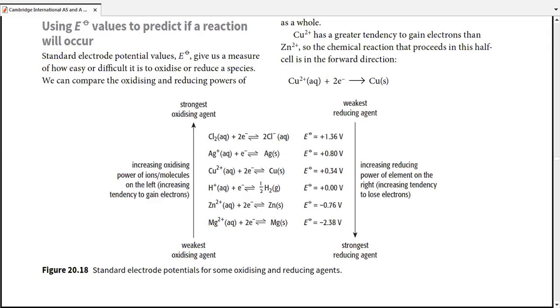Now, we are going to compare the molecule of hydrogen with the atom of copper, and I'm going to pass a statement, and you're going to tell me whether I'm true or not. Okay? The molecule of hydrogen is easier to oxidize than an atom of copper. Easier to oxidize. Is that true or not?